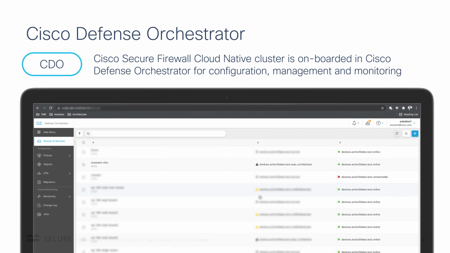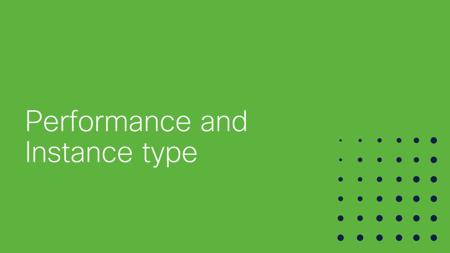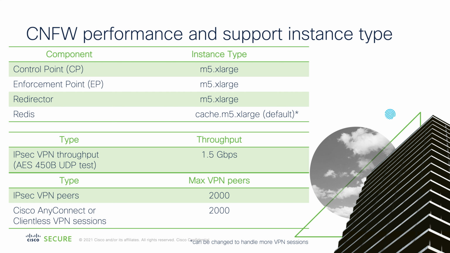Once your infrastructure is deployed, you can definitely log in using CDO as well. You can onboard it into your CDO, and from there you can manage your SFCN architecture. Now, in terms of performance and instance type, we support M5 large instance for CP, EP, redirector, and even for Elastic Cache.